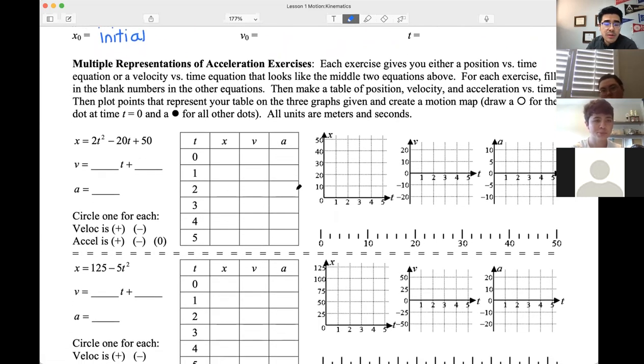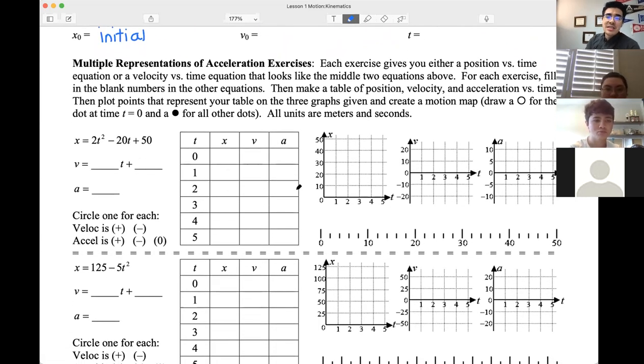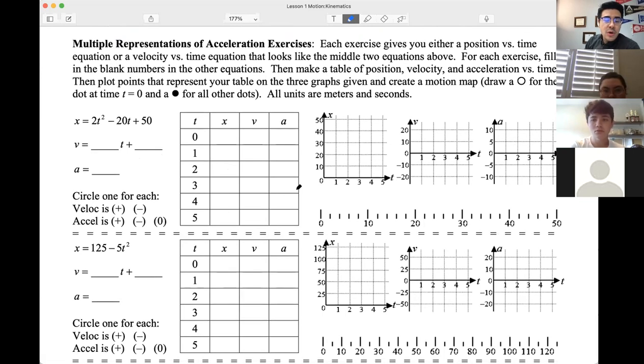Now I do want to do the multiple representations of acceleration exercise because this can be tricky for a lot of people. So this one, they give you the position function, right? So we can plug in various times for the position function. You don't need a calculator to do that because I already did it out earlier. It's 50, 32, 18, 8, 2, and 0, right?